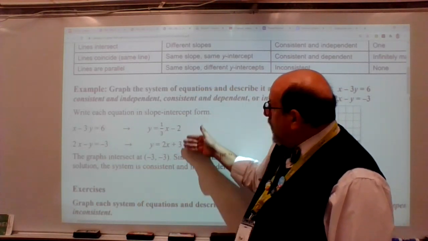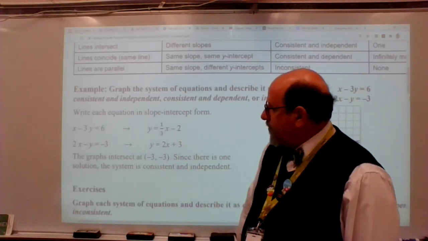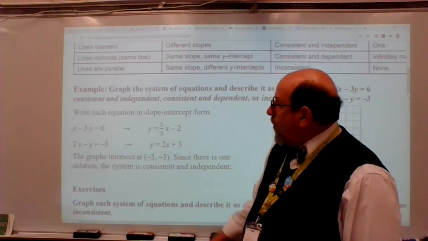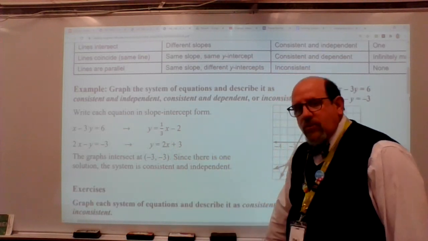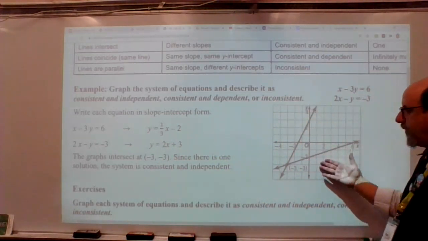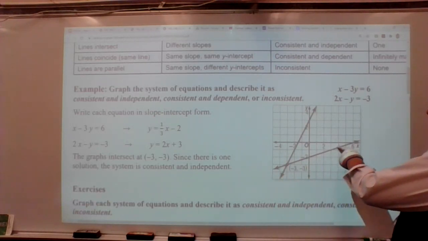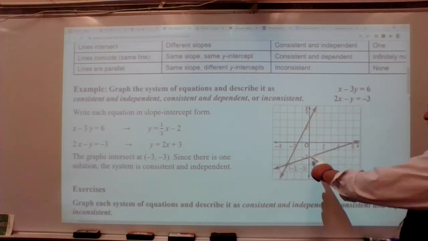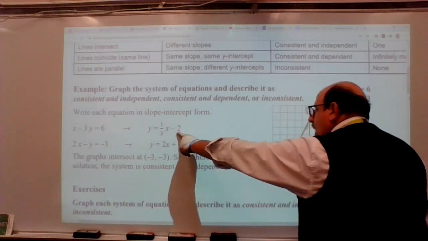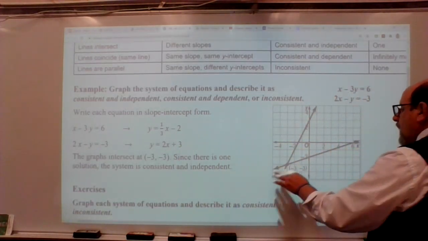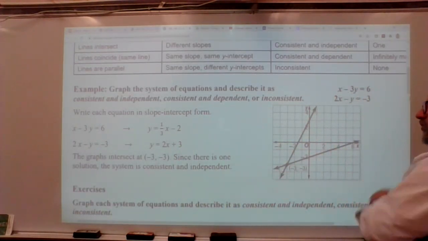Now we have two different equations. We can graph these two equations, right? This one is obviously 1/3 x minus 2 because it crosses the y-axis at negative 2 and has a pretty shallow slope.